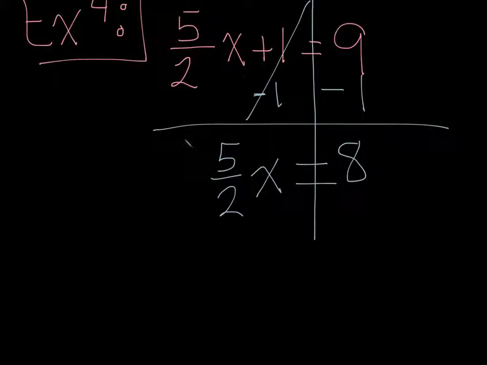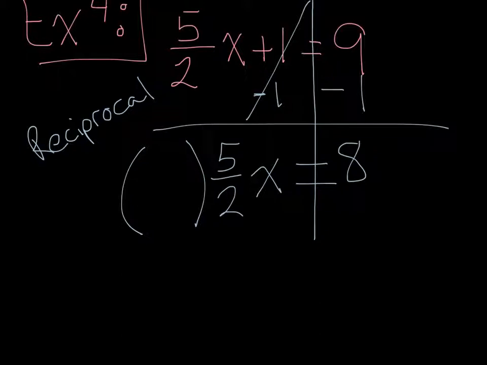What I like to do is to multiply by what's called the reciprocal. Reciprocal means that you flip the fraction. So if I have a over b, it's going to become b over a. Okay? So instead of 5 over 2, I'm going to make this 2 over 5.